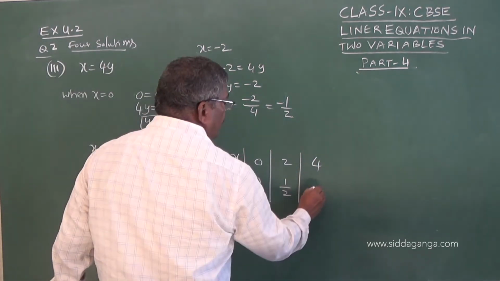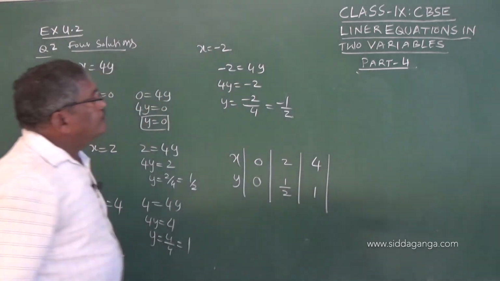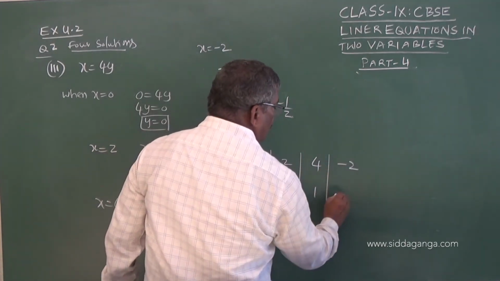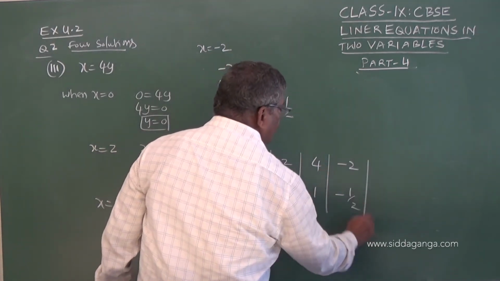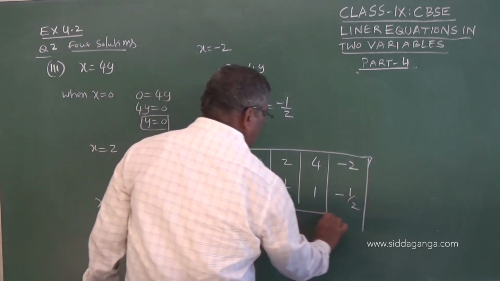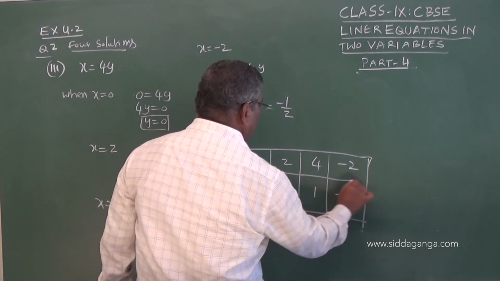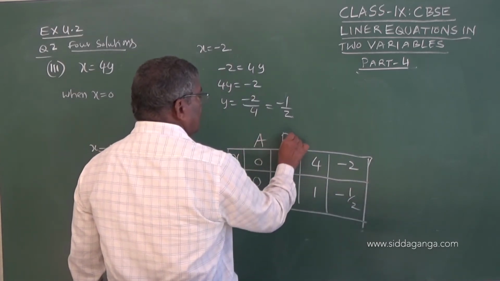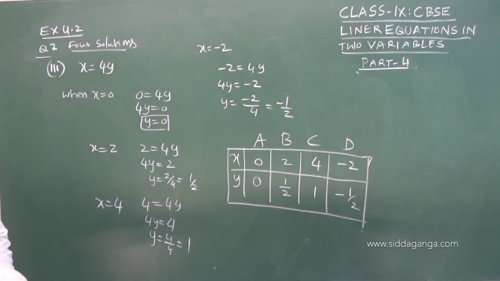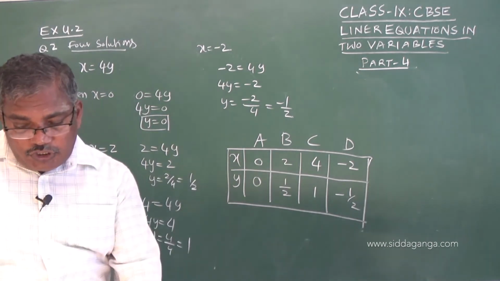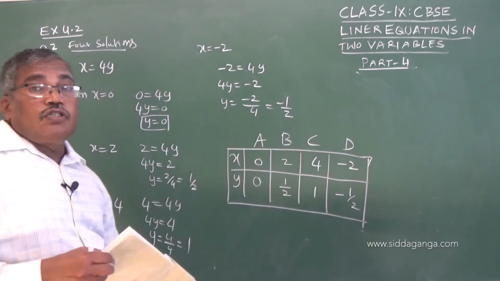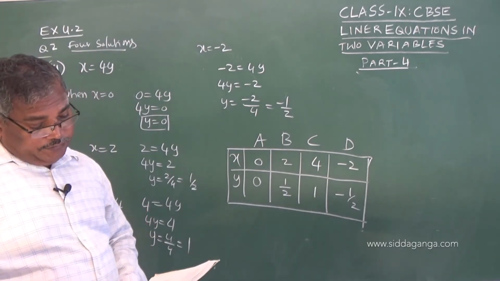And x is minus 2, y is minus 1 by 2. This is A, B, C, D. So we got the 4 required solutions. So likewise you can find out more number of solutions also if required.